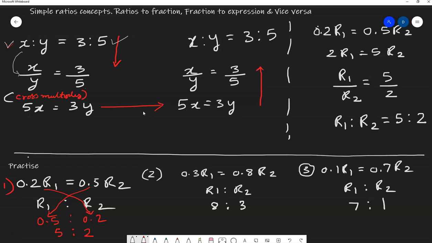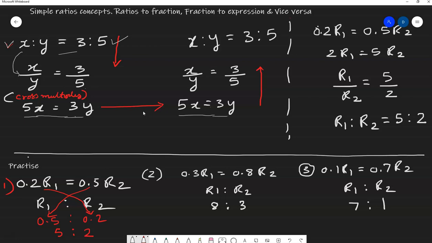When you cross multiply, you'll end up having 5x is equal to 3y. It's a very simple concept. Basically what we did so far is, given a ratio, you can convert that to an expression like this. So try to go from an expression like that upwards, and you're going to get back the ratio. If you're given 5x is equal to 3y, get x by y is equal to 3 by 5. You can apply your division.